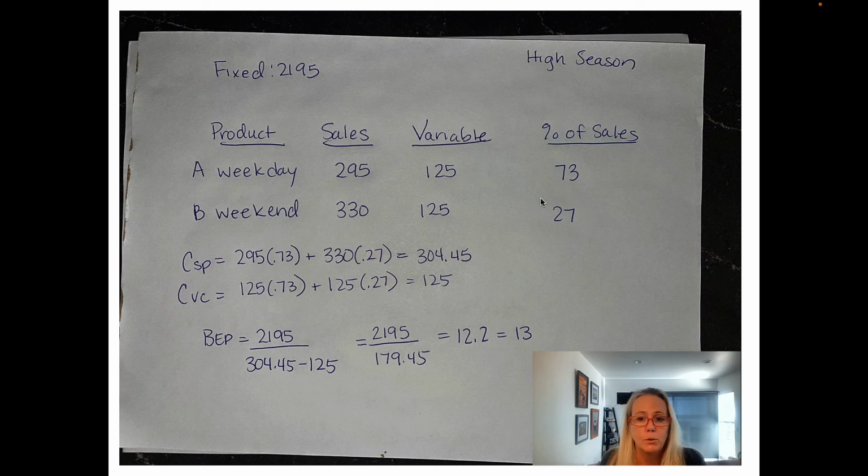My weekends are 27% in the high season. They were 90% in my low season. So my product C, 304.45 minus 125. I take those two and I've got 179.45 in my denominator, which gives me 12.2 days. I'm going to round up to 13 days.